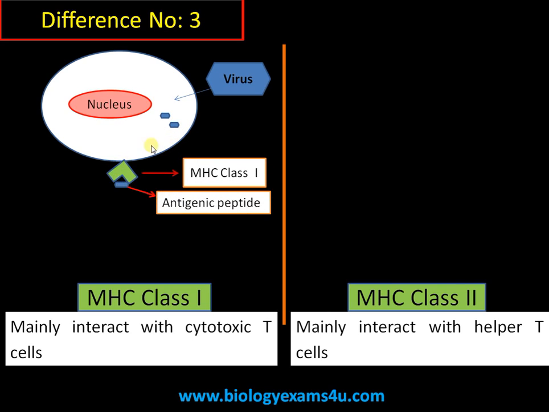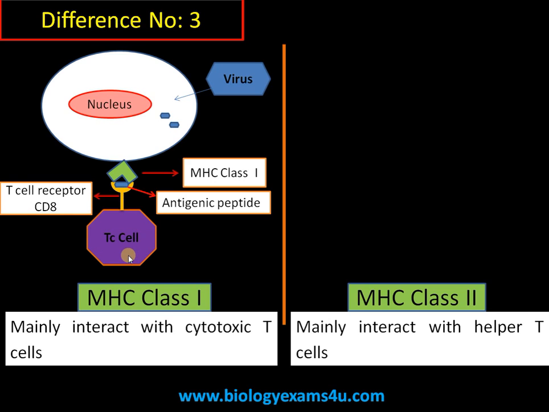These degraded particles are presented on MHC class 1, and this can be recognized by T cytotoxic cells. The T cytotoxic cell has a receptor called the CD8 receptor that can recognize MHC class 1 bound antigenic peptide. And this will trigger the proliferation of TC cells, which is involved in cell-mediated immunity.